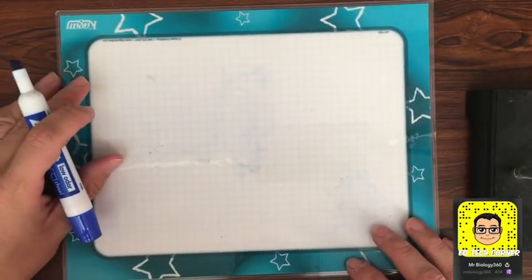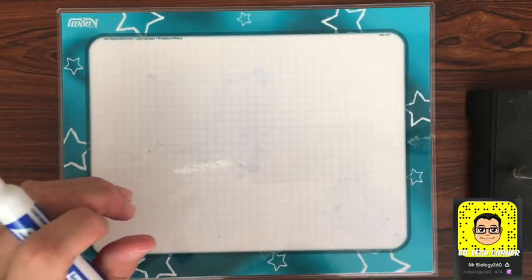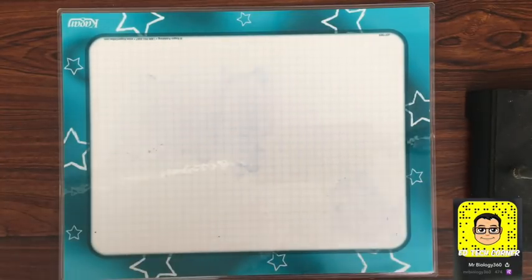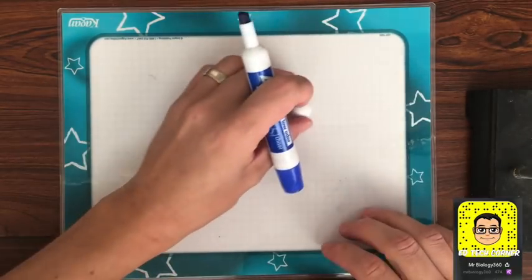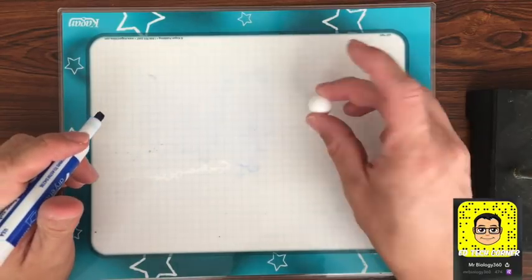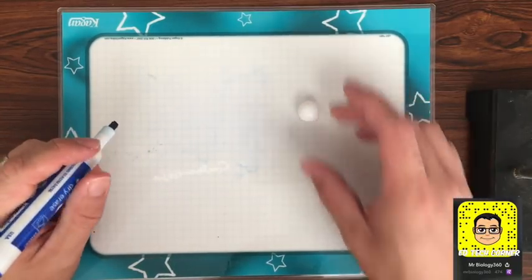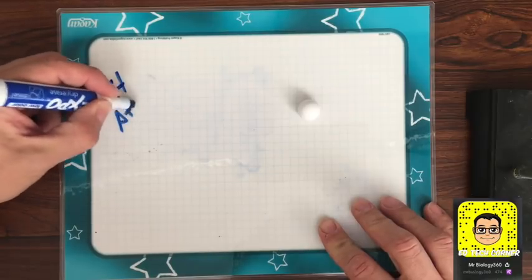So in class, we talked about using models to demonstrate what molecules really are. The first piece of the model that I'd like to review with you is this white marble. Remember, this white marble represents a hydrogen atom.